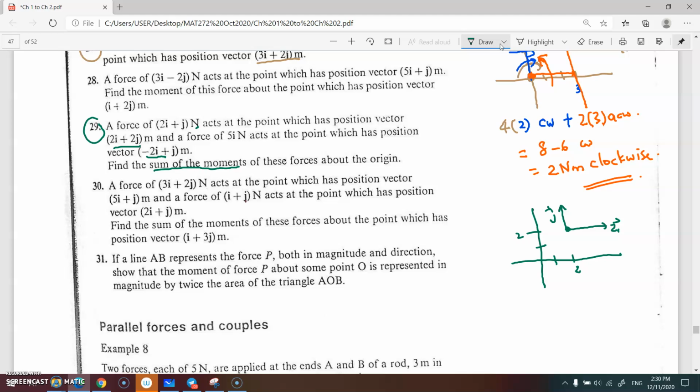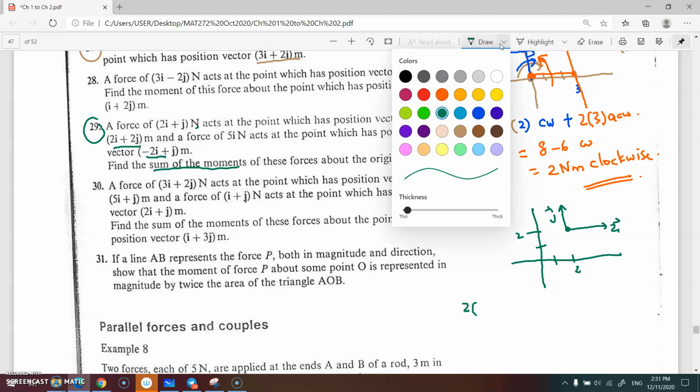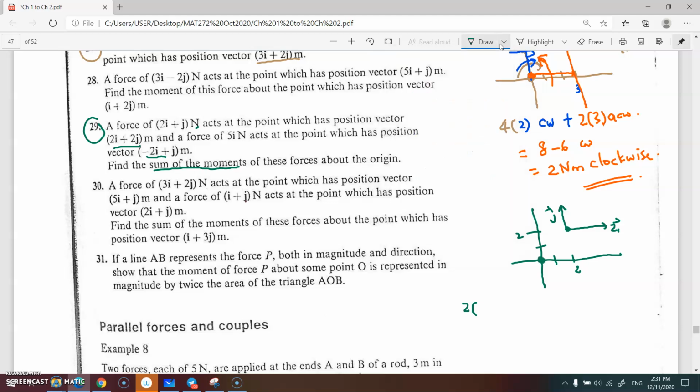Okay, so the first one is the force is 2 and the distance, let's say this is the origin, so the distance must be 90 degrees, so this would also be 2. Okay, and then let's say it moves here, so it will become clockwise.